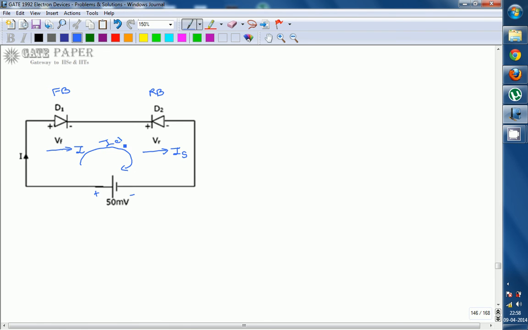I effective is the smallest of the two currents. So I effective is simply I naught, that is Is.